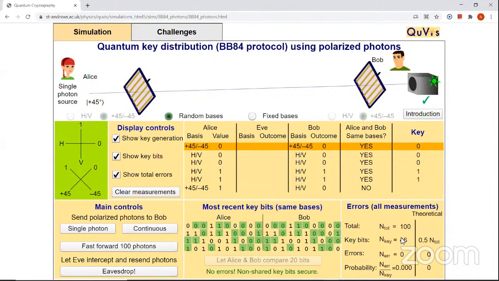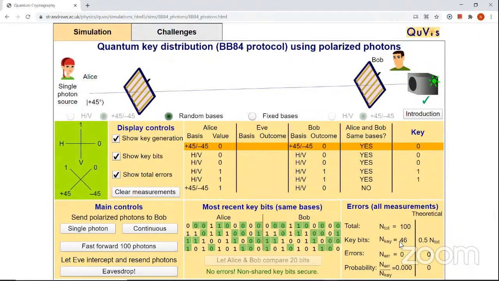But instead of directly using these 46, we follow an error detection process. In that, we randomly match 20 bits out of those 46. So these 46 are our matching basis bits, and out of those 46, we measure 20 random bits. If those are matching, it means there is no presence of Eve. What we want to make sure is, if Eve is present, then we will have errors in these bits.